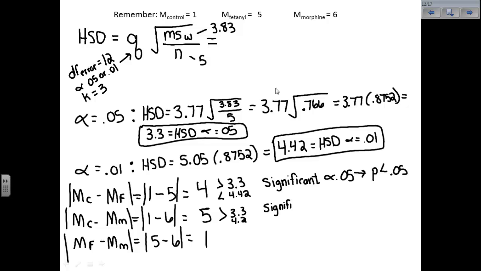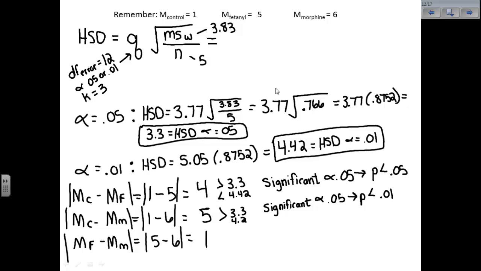Now it's also significant at a level of 0.05, but we automatically know if it falls in the extreme 1% of the distribution, or if there's less than a 1% chance that the differences are just random and due to type 1 error, well then of course there's going to be less than a 5% chance. So we can just say significant at alpha level of 0.05. So you know that the probability that the difference between the control group and the morphine group is just due to random chance is less than 0.01.